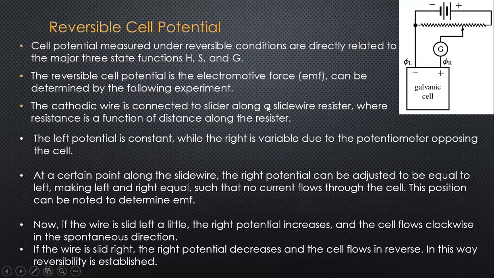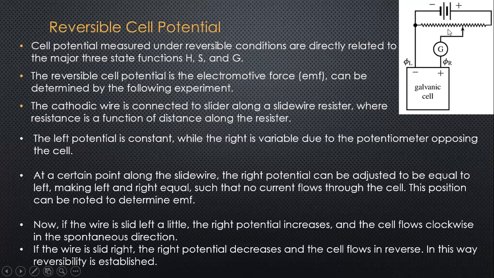We set a cathodic wire connected to a slider along a slide wire resistor, as we see here, where the resistance is a function of the distance along the resistor. Now, the left potential is held constant, while the right is a variable due to this potentiometer opposing the cell.